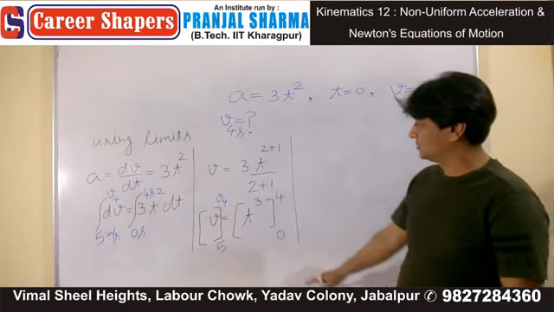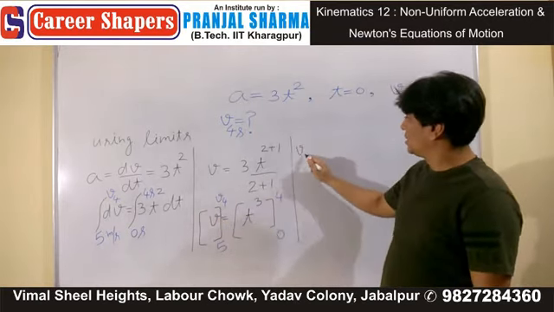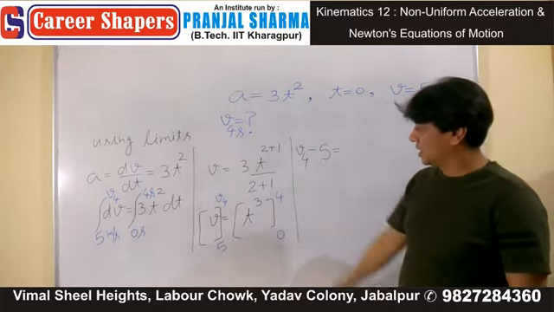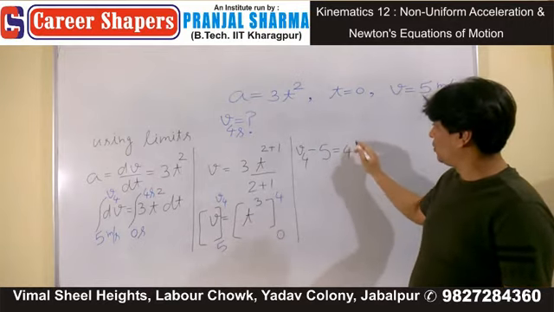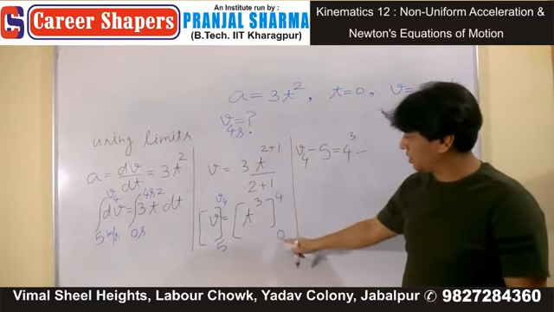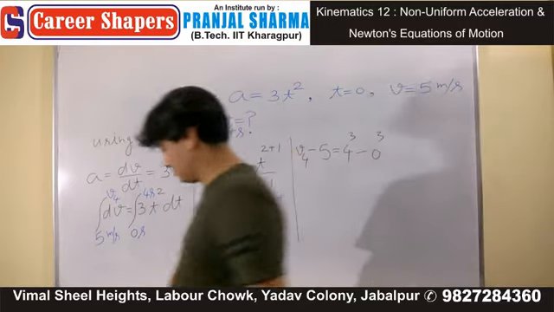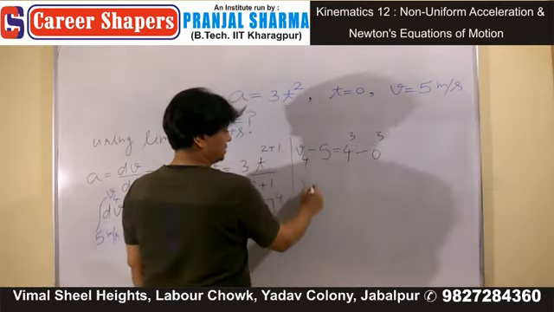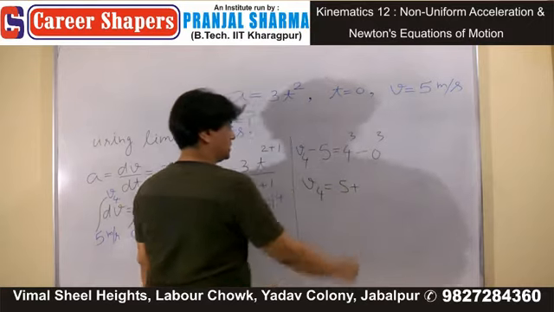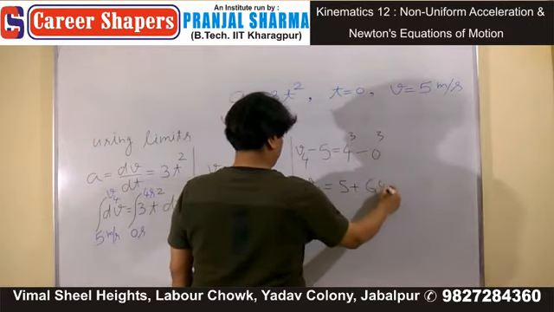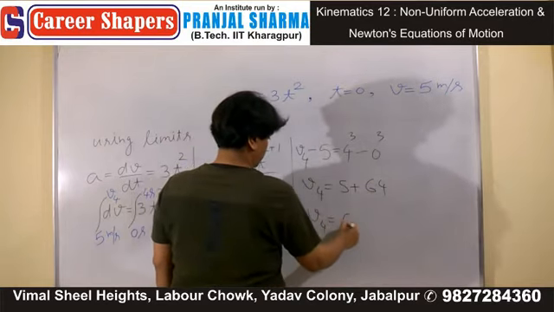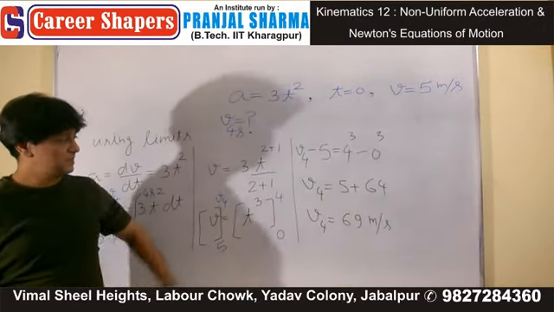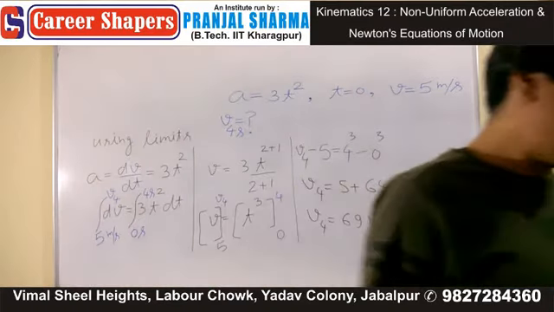How do we use limits? Replace v with upper limit v4, replace v with lower limit 5. Replace t with upper limit, 4 cube, replace t with lower limit, 0 cube. Upper minus lower, upper minus lower. This is v4 equals 5 plus 16, 4 times 16 is 64. Your v4 is coming 69 meters per second. That's the answer, and many of you got the same answer.